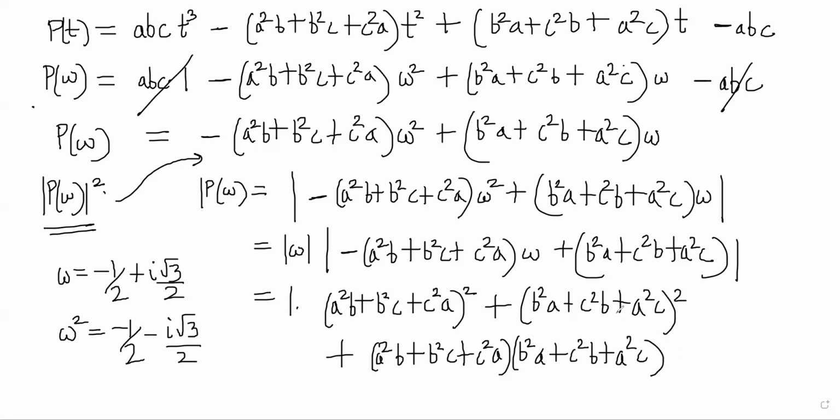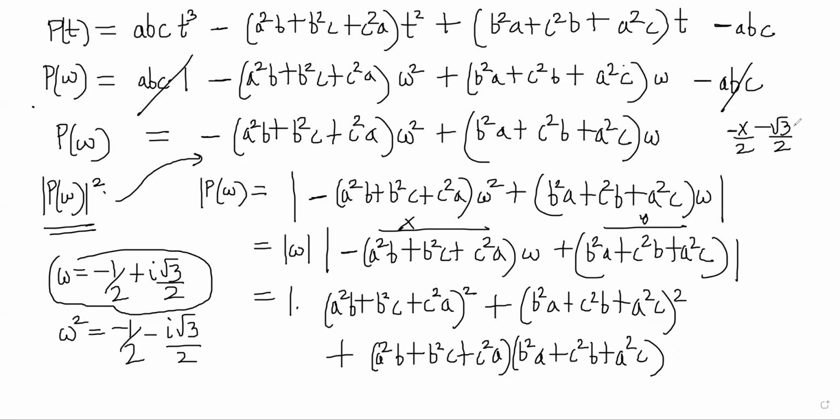How do I do that? Just think of this as x, think of this as y, and write w as this. So you have basically minus x by 2 minus root 3 by 2 x i plus y. So you have to do (y minus x by 2) whole square plus 3 by 4 x square when you take the mod. So what will come out?